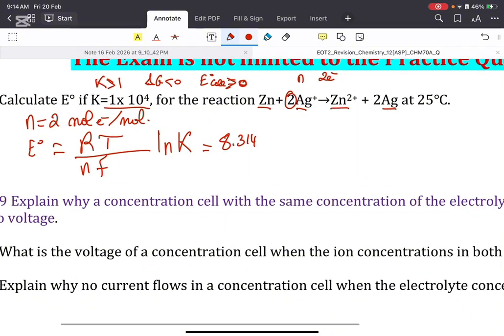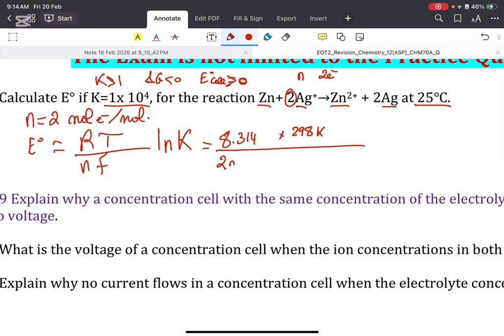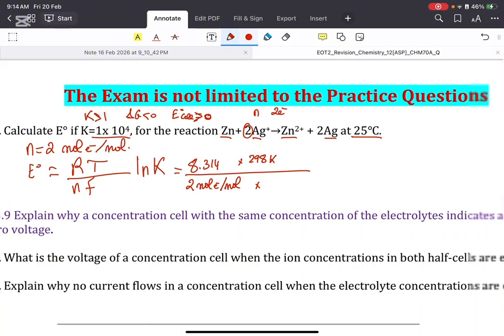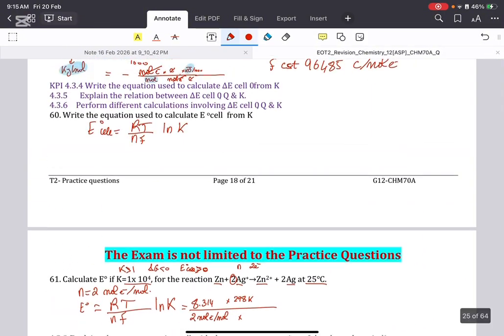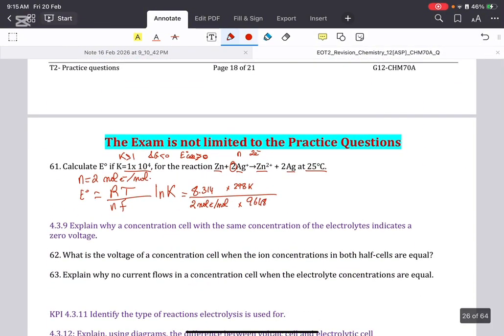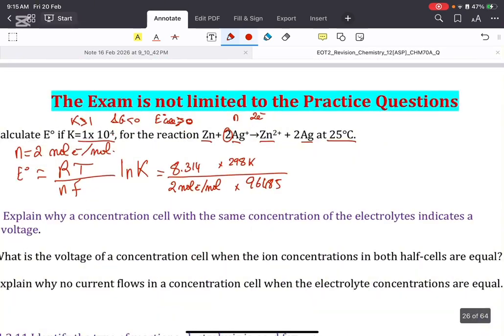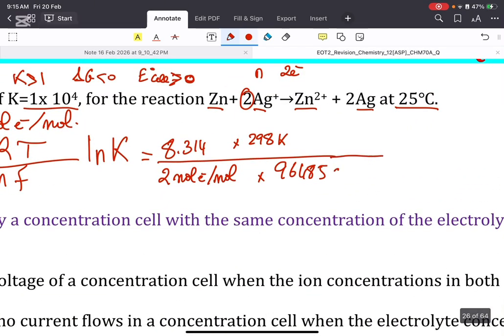Now the temperature, if temperature is not given, we're gonna take it as 298, and if it's given, then that's good. 298 Kelvin, and the electrons over here is 2 mole of electrons per mole, and Faraday constant is 96485 coulomb per mole electron.